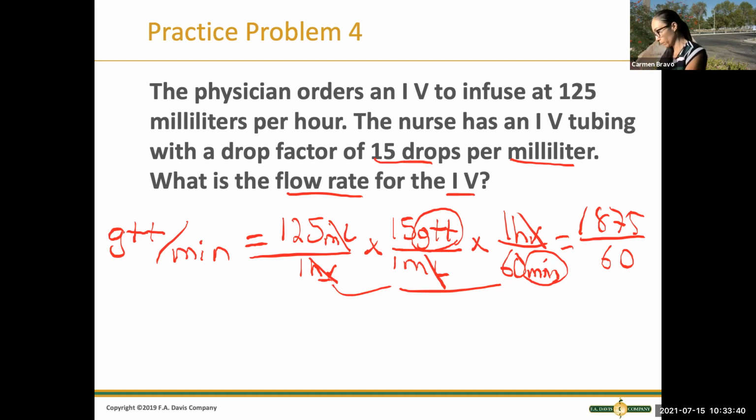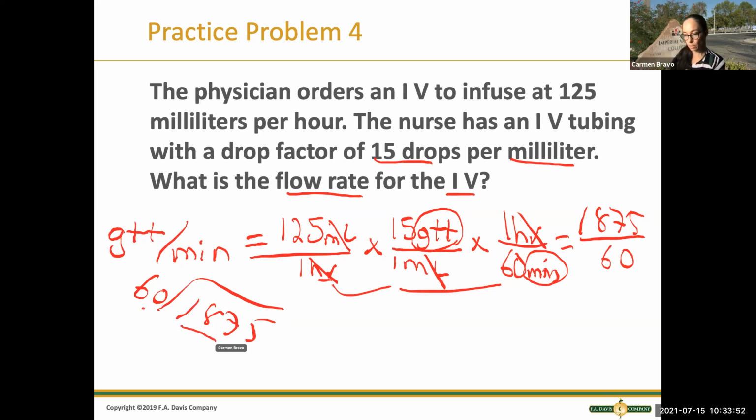So now 60 over 1,875: 6, 12, 18. So I got 3.